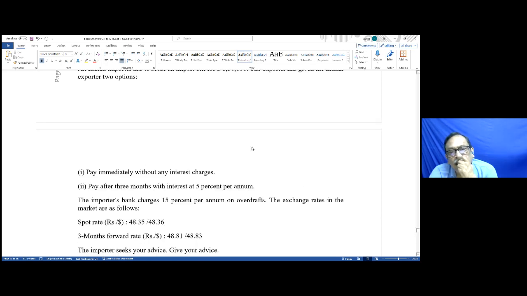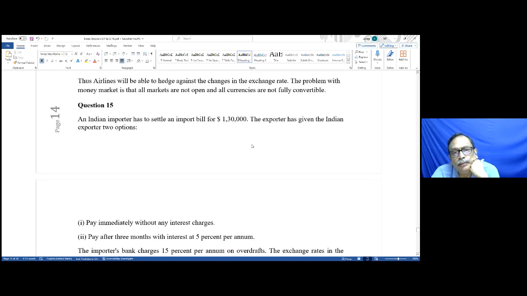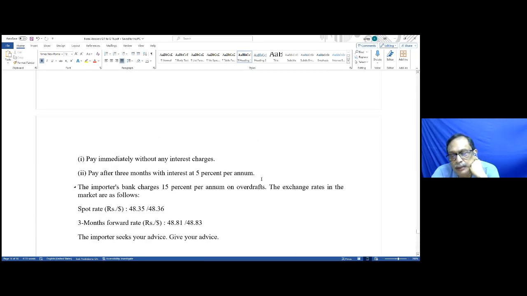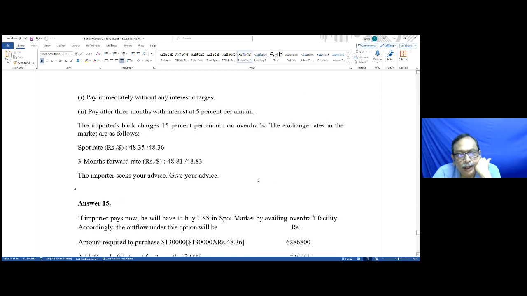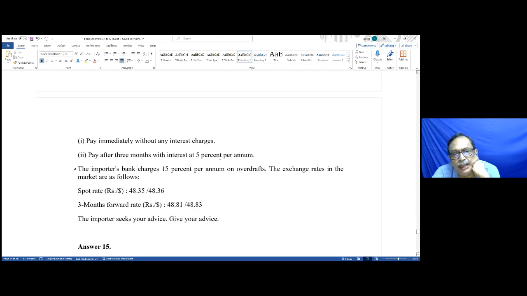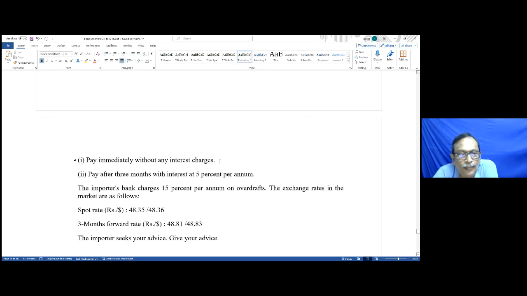So this is a question which is an open question where you are required to give your advice. Okay? So Indian importer has to settle an import bill for $1,30,000. So that is the amount concerned. The exporter has given two options: pay immediately without any interest charges, pay after 3 months with interest at 5% per annum.